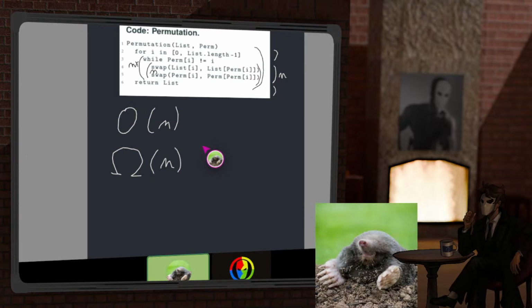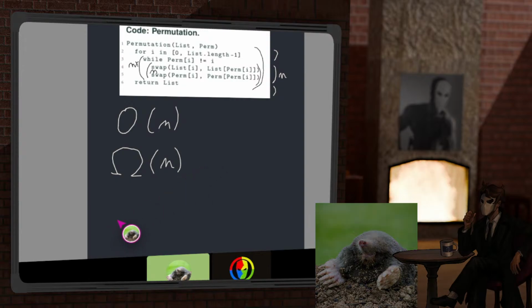The easiest way to show that an algorithm is in omega of something is to give an example input on which the algorithm will take at least that much time.